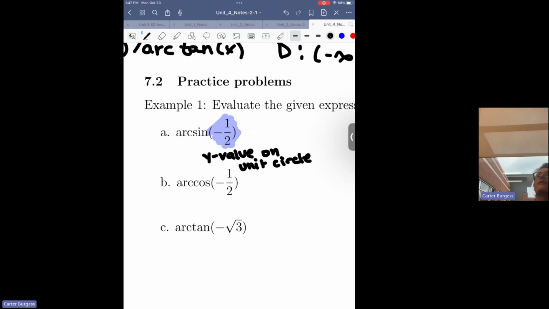Okay. So negative 1/2. Let's start with the 1/2 bit. 1/2 for the y value tells us what is going to be true about the reference angle.